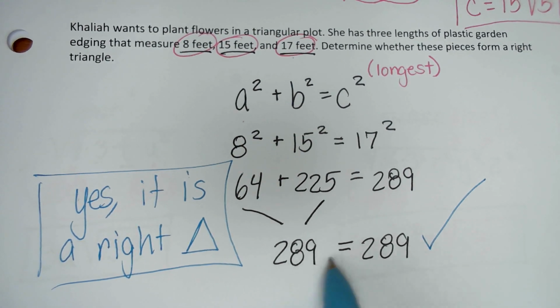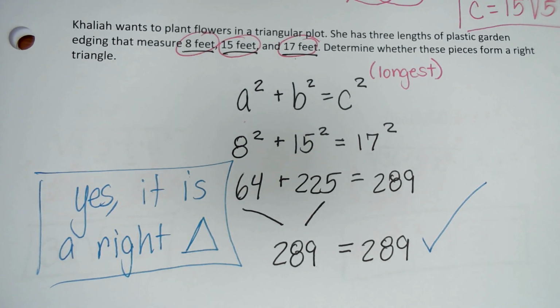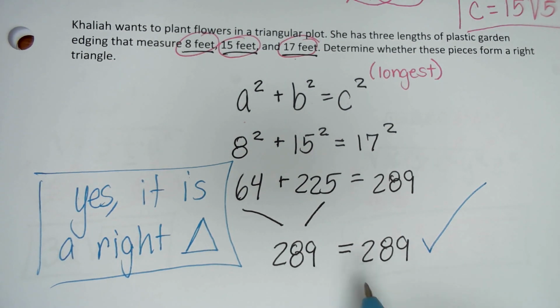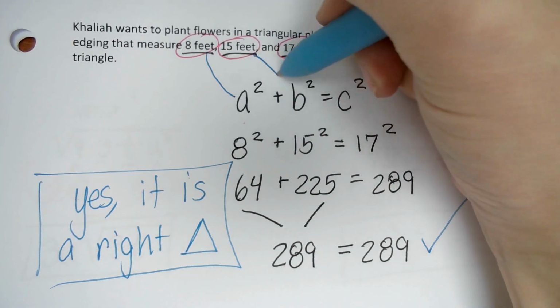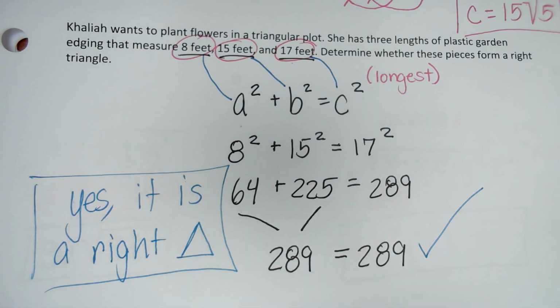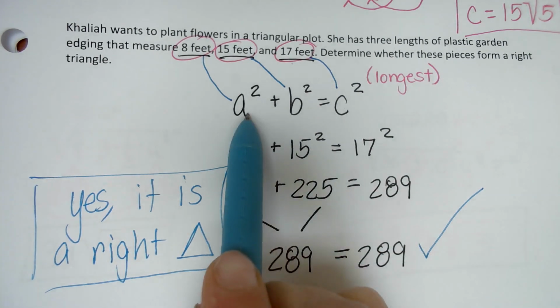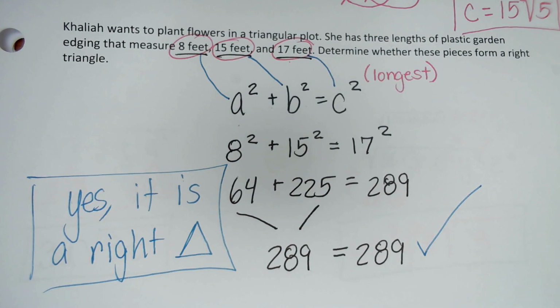If this had been like 245 equals 289, then we would say, nope, it's not a right triangle because it doesn't fit the theorem. But because it works out when we put our pieces into the right places, a, b, and c, we prove that a squared plus b squared does in fact equal c squared.